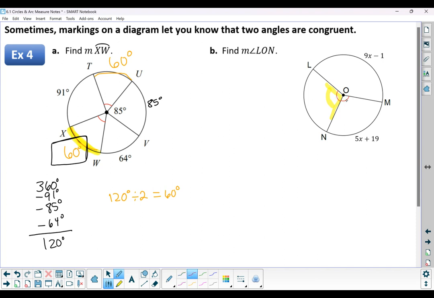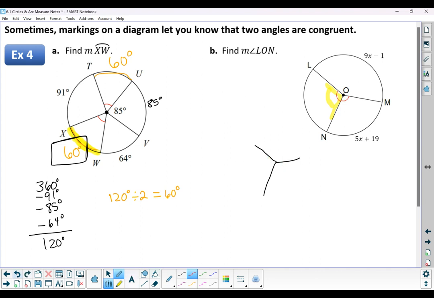Sometimes you'll see them offset a little bit. You can see this one is a little bit smaller, closer to the center than this one. The reason they offset those is that if we didn't, it would just look like one marking, and it maybe wouldn't be clear if that marking was talking about this full angle.